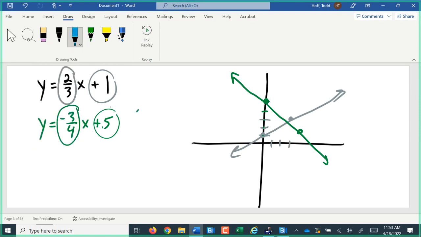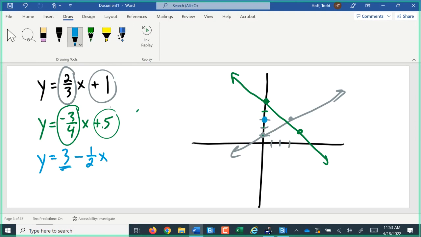Some people get confused if the equation is set up in a different order. We might have y equals 3 minus 1/2 x. The 3 is away from the x. It has been added. It's a positive 3. That is our starting point, positive 3.